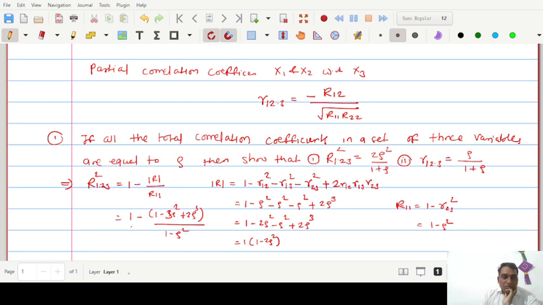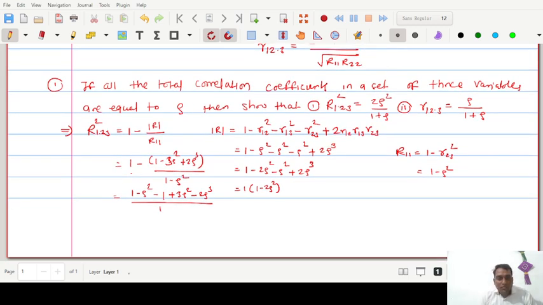So if we take this term on this side, we get 1 minus rho square minus 1 plus 3 times rho square minus 2 times rho cube divided by 1 minus rho square.